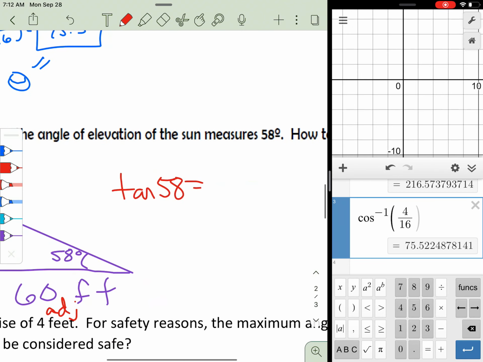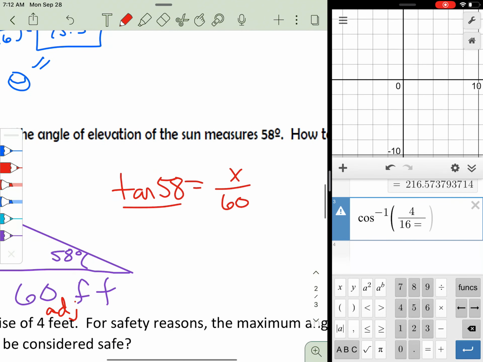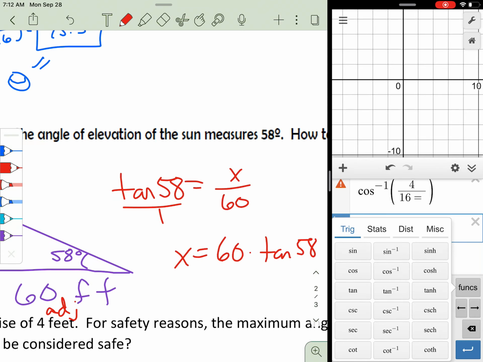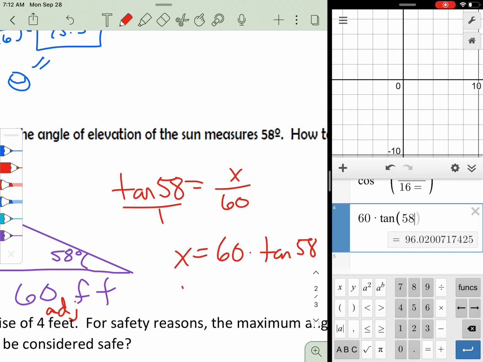Tangent of 58 equals opposite over adjacent. Okay, cross multiply. You get 60 times tangent of 58, which is 96 feet, about.